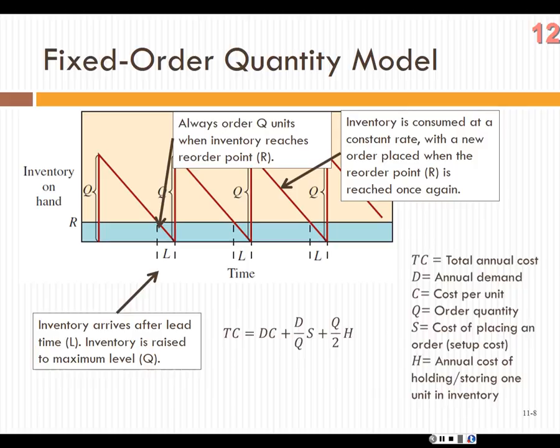And so when we look for how much we should order, we're trying to find the optimal quantity, okay? That's going to be the lowest total cost of our holding costs plus our ordering costs, okay?